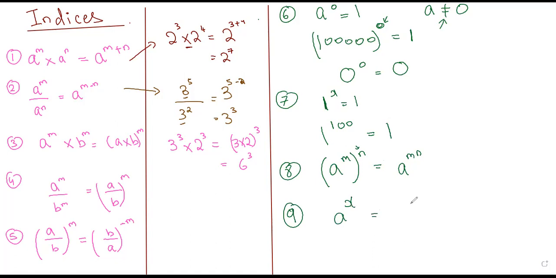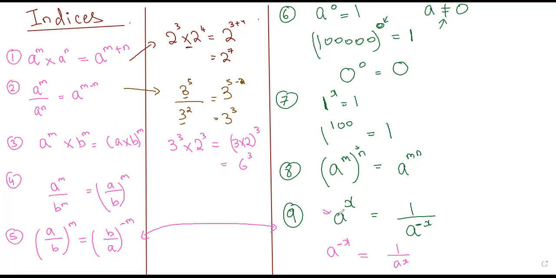You can write it as 1 over a to the power minus x. So this basically means that there's a connection in the fifth one and in the ninth one. Ninth basically means that when you take something from numerator to denominator, the power gets a negative sign. For example, if you have a to the minus x, it would become 1 over a to the x. Okay, so this is a rule.